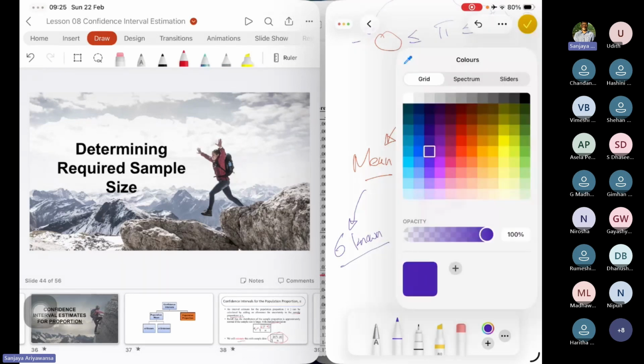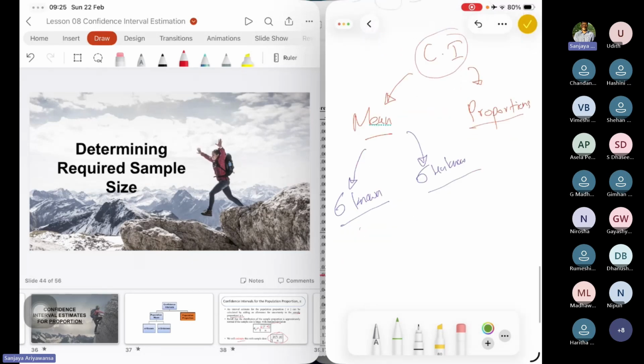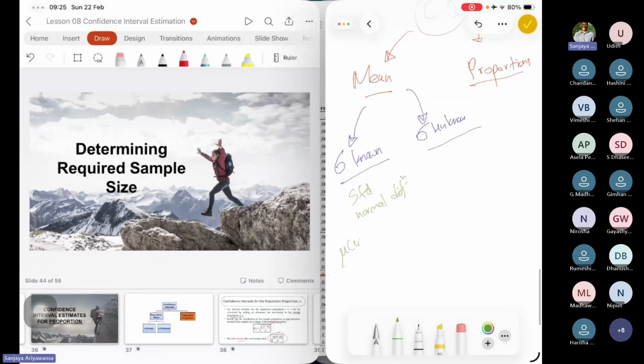When sigma was known, what was the distribution we used? We used the standard normal distribution, right? And what was the confidence interval that we used for mu? X bar plus or minus z alpha over 2 times sigma over root n, right?